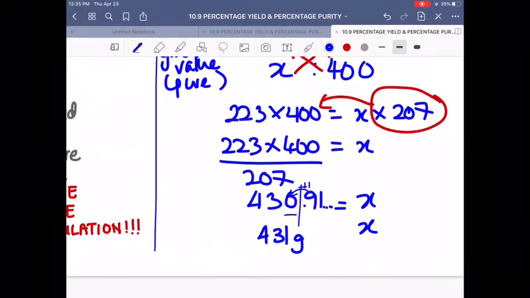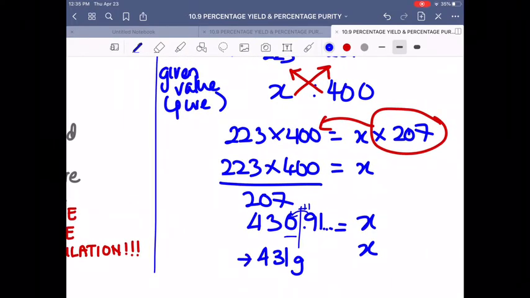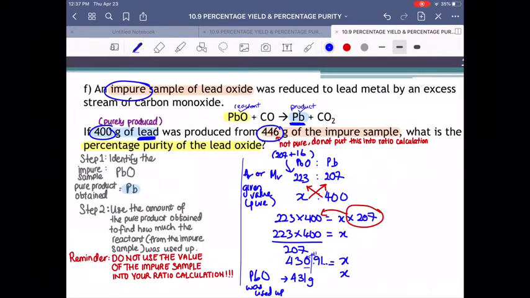This is the mass of PbO that was used up for the reaction. Out of 446 gram of the impure sample of PbO, 431 gram of PbO was used up for this reaction. Okay, this is the pure one.